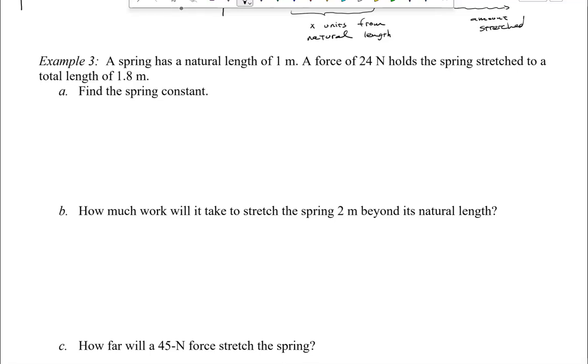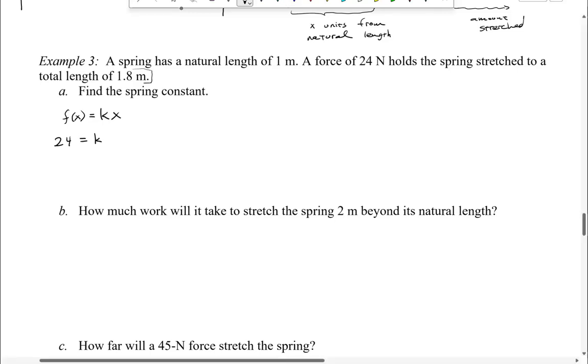So first we're going to find the spring constant. From Hooke's law, we have that the force required to stretch the spring x units beyond its natural length is simply kx. And they're telling us in the question that it takes a force of 24 newtons to stretch the spring to a total length of 1.8.